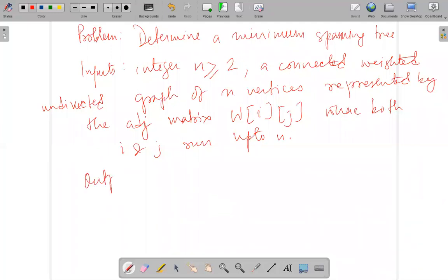Output: a set of edges F in a minimum spanning tree.